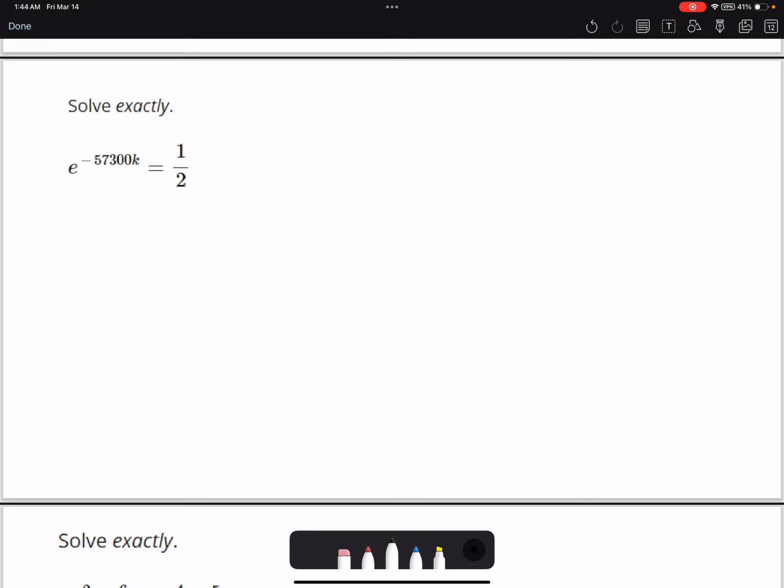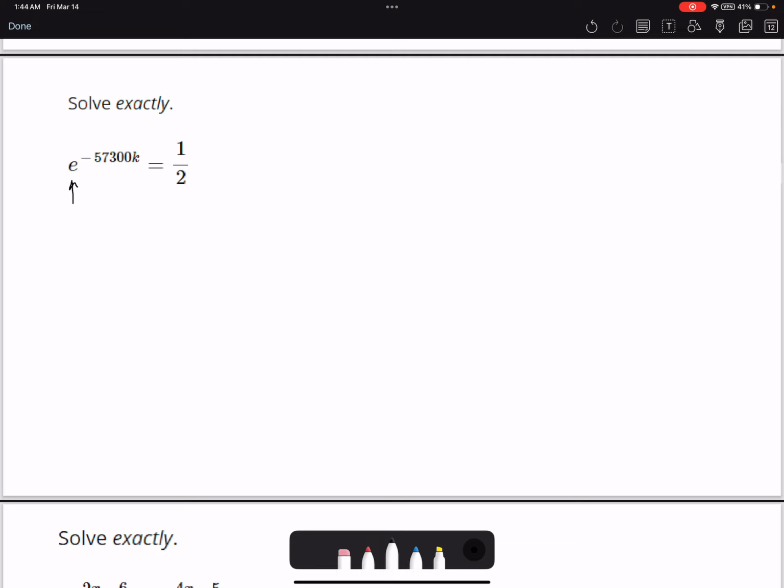Next, we have e to the negative 57,300k equals 1/2. So how do we undo e? The opposite of e to the x is ln. Sorry, they're not equal. They're inverse operations of each other.